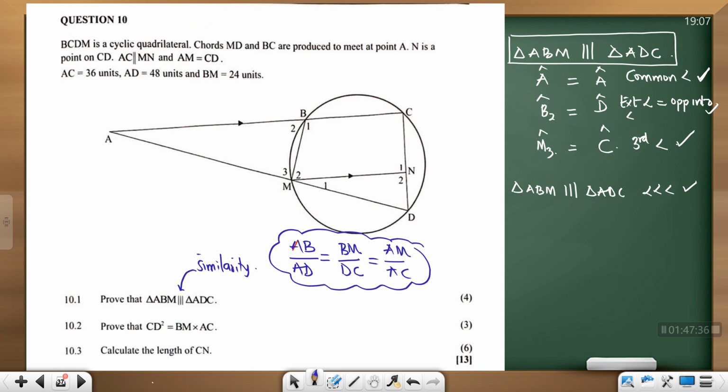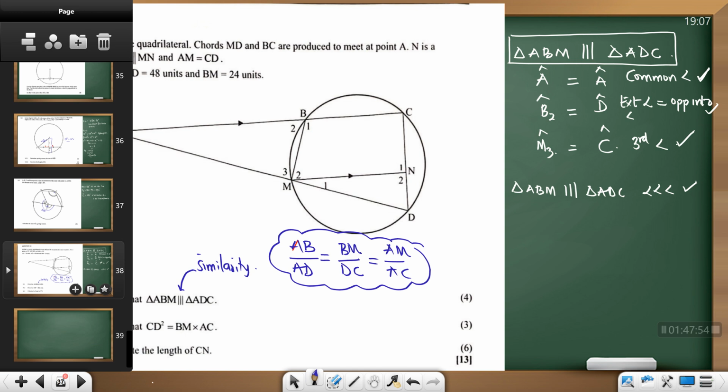Now, this is what I'm going to do here. Please watch this. These are little skills. You use it, it's going to help. CD squared equals BM times what? AC. Wait, for me to get CD squared, I must have multiplied CD by CD. Are you with me? Okay. Let's try to reproduce this on a fresh page. I must have multiplied what?